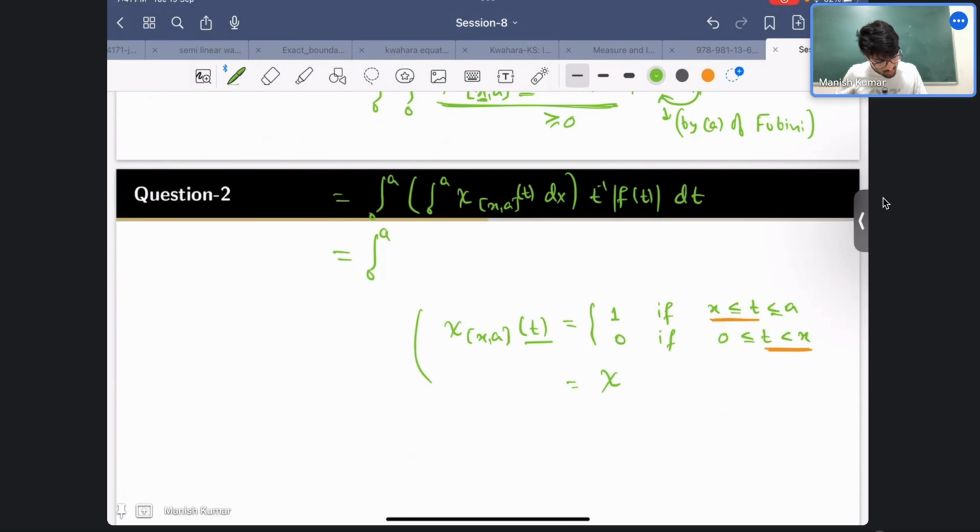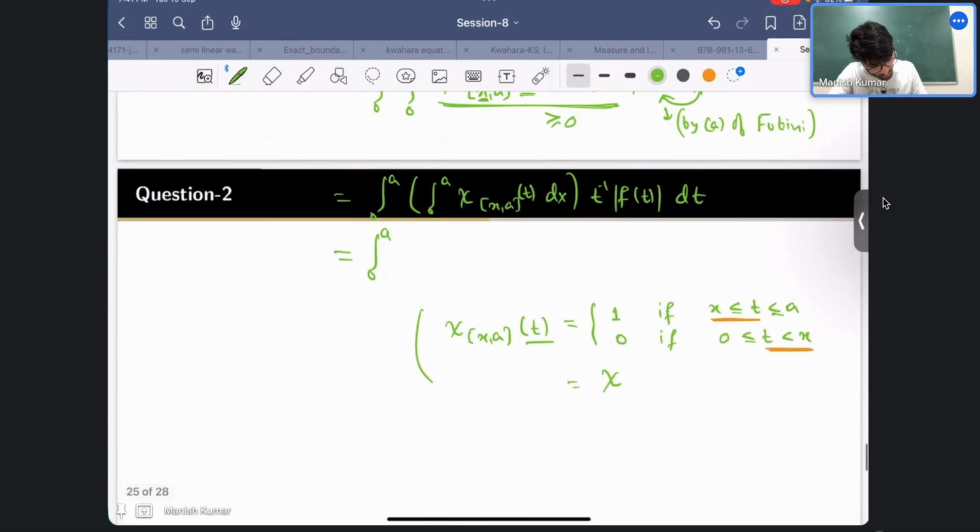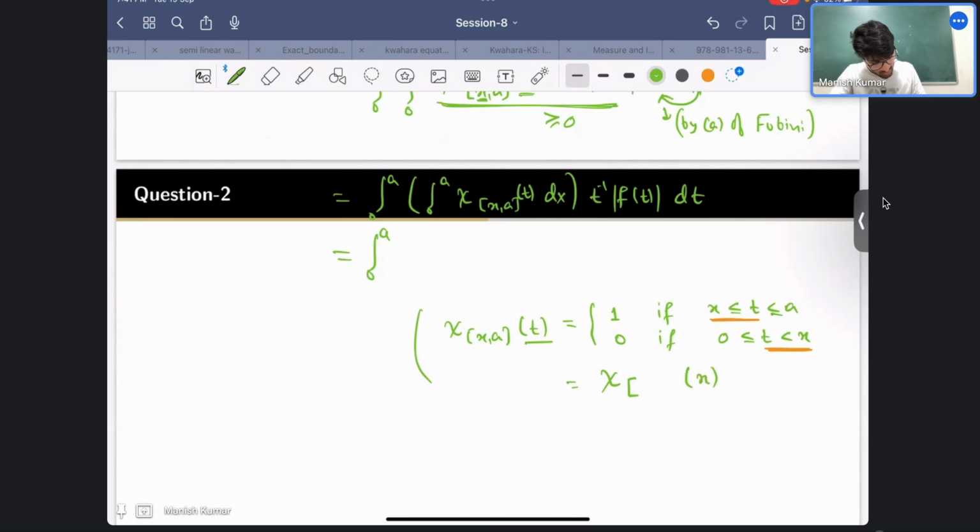Yeah, so I can rewrite this chi as a function. I want to write it as a function of x. If x is less than or equal to t, then I'll get 1.